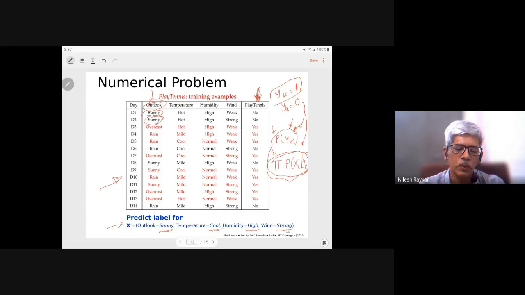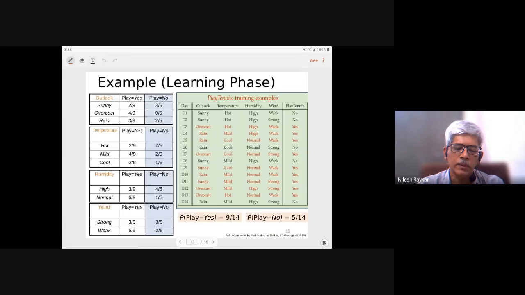If you take outlook, it could be sunny, overcast, or rainy. For each of these, you have to calculate the probability separately, for yk equal to 0, that is not playing tennis, and yk equal to 1, that is playing tennis. So you have to make a table where all these probabilities are tabulated. Let's look at this particular table, which is on the next slide.